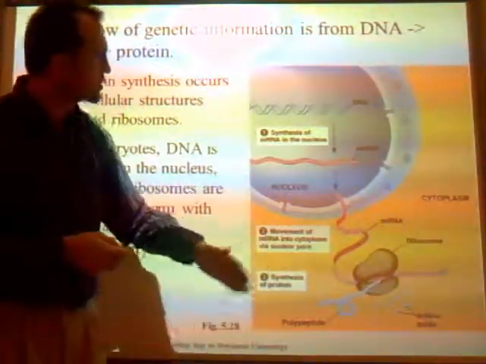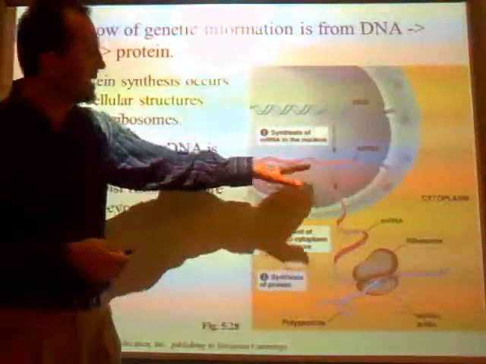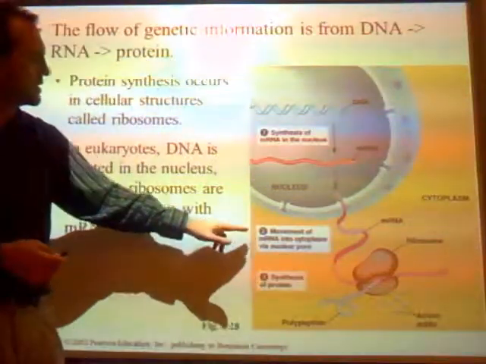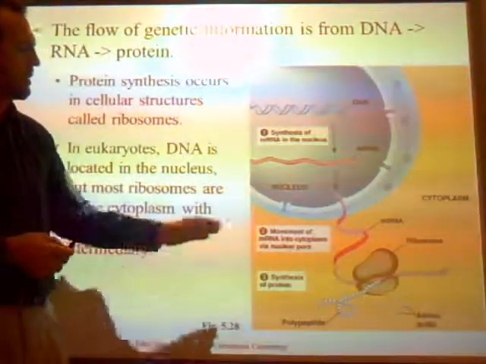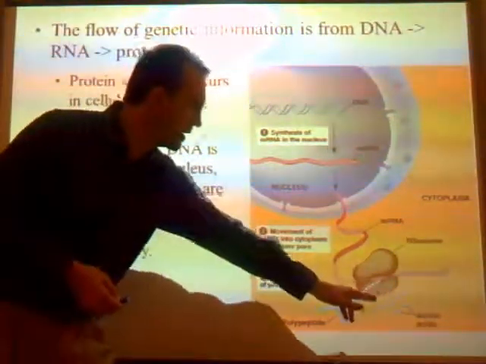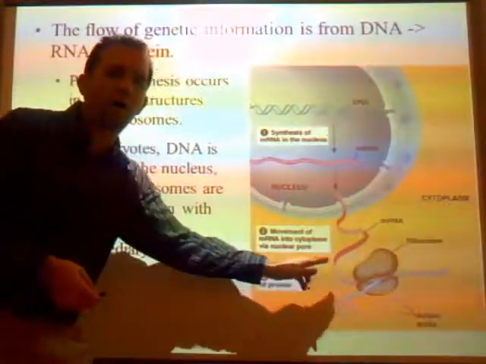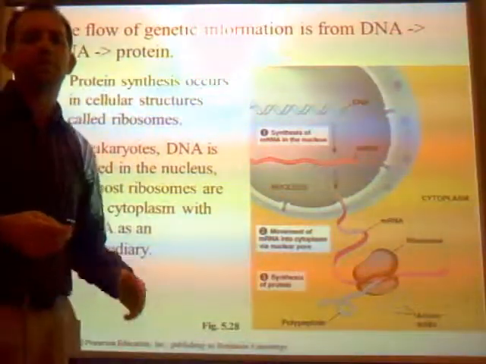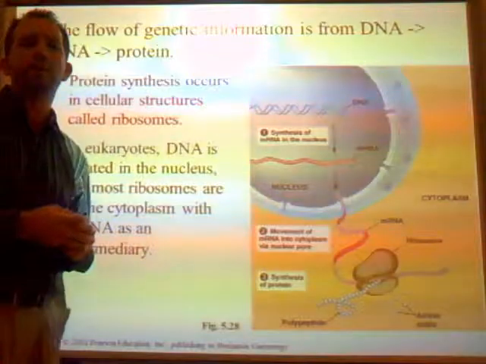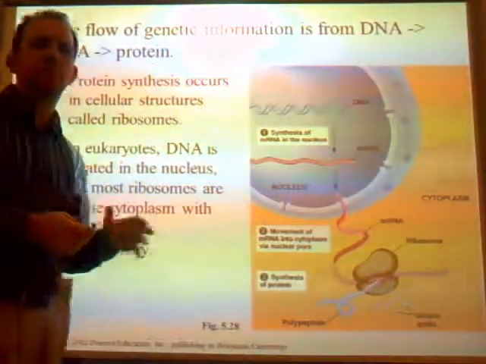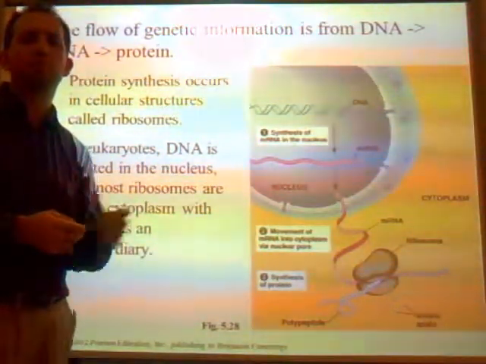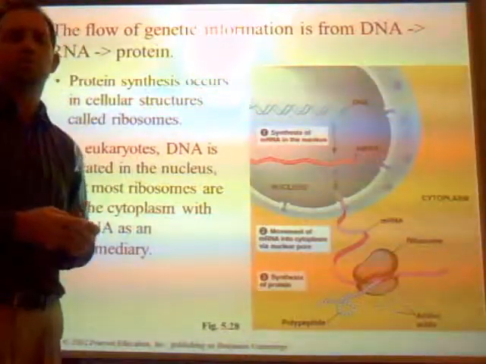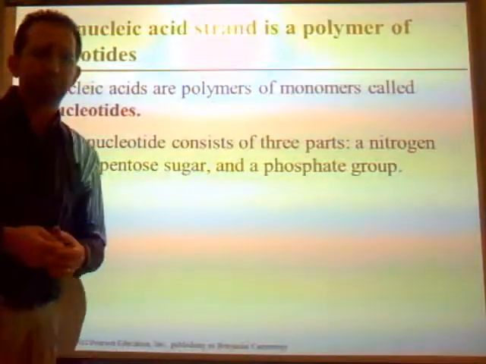So if you follow this chart, synthesis of mRNA inside, it goes out of the nucleus, moves to a ribosome, and because of those ribosomes, individual amino acids are brought in, linked together through peptide bonding, and when this happens, we build our individual proteins, which can then be used throughout the body.